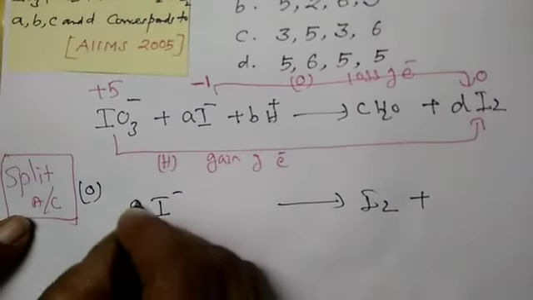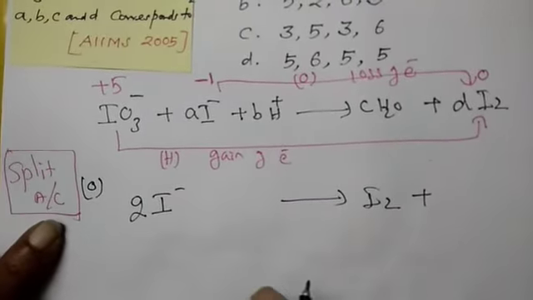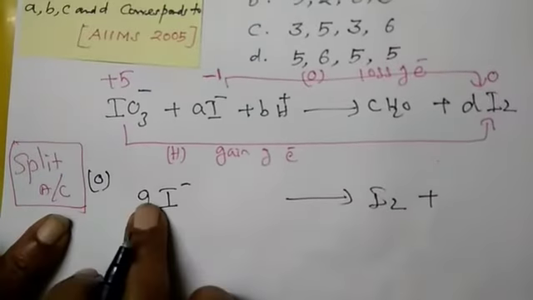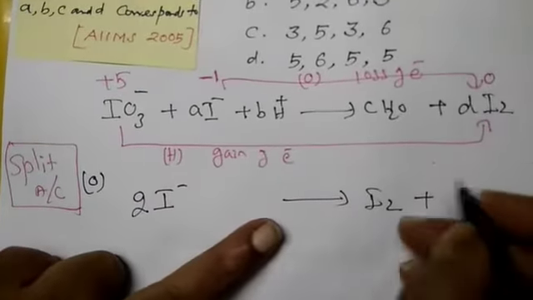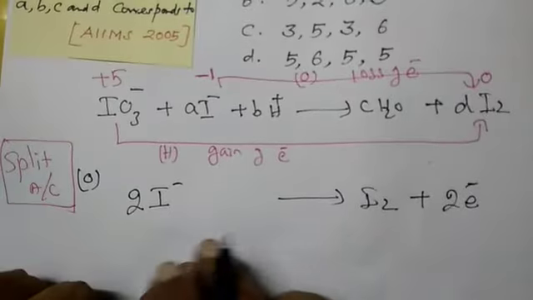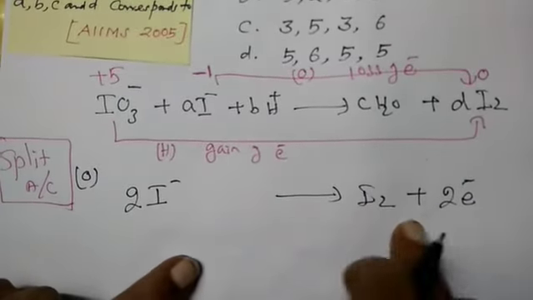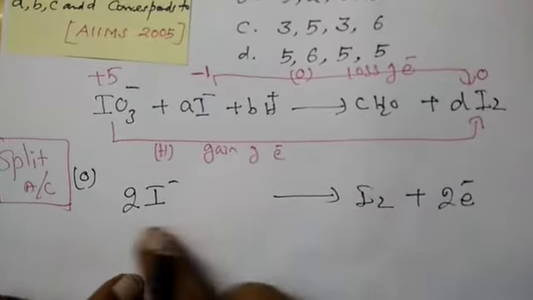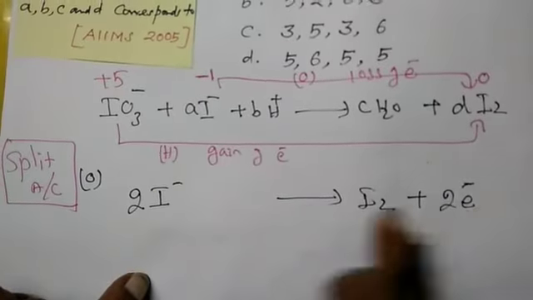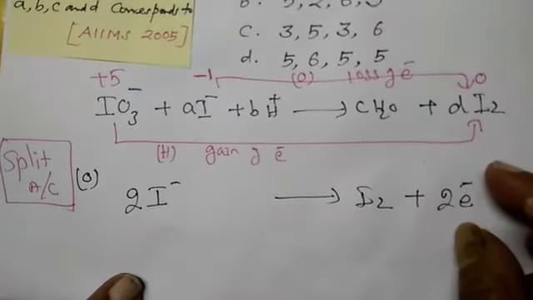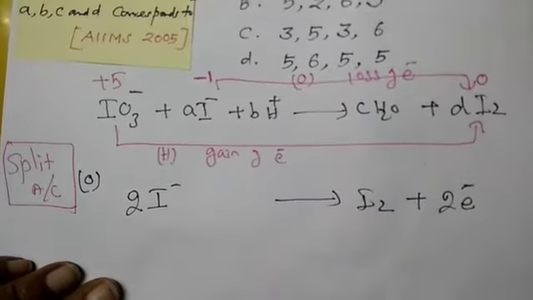So 2 iodine, yes, work is over. Next, charge. Here it is 2 minus. So I have to give this side 2 electrons, then only it is balanced. Parallelly, I am verifying loss of electron. By losing the electron you are getting this. So knowledge is matching.